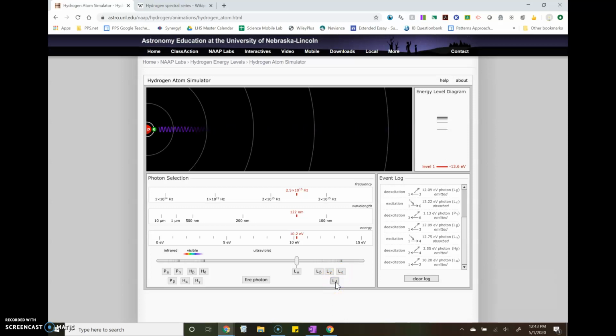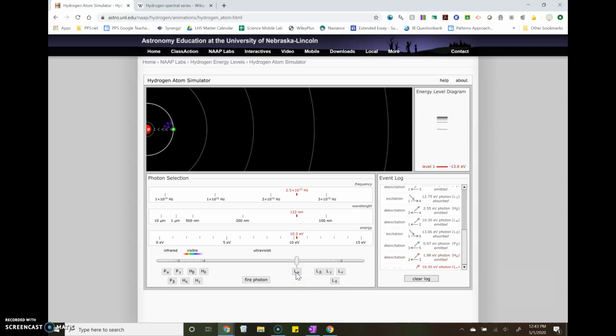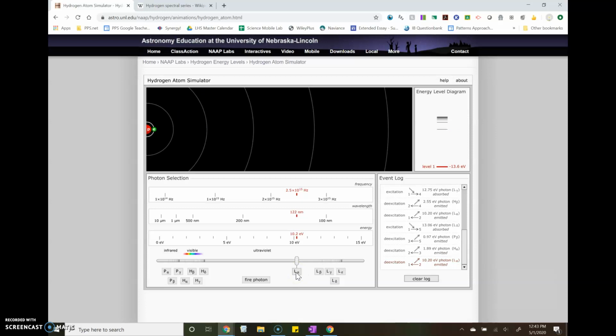All of these will successfully excite an electron from the first energy level up to another one. L alpha will excite the electron to the first excited state. L beta will excite it to the second excited state, and so on and so forth.